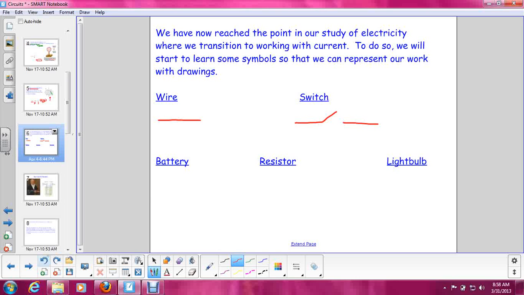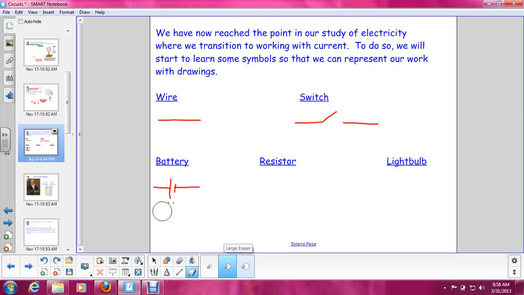A battery, which is what we will be using as a potential source in the class, looks like this. It has a long line on one side and a short line on the other. That is a battery. It's really important for you to draw one long and one short, because if you were to draw two equal sized lines next to each other, that's a capacitor. That is something different.